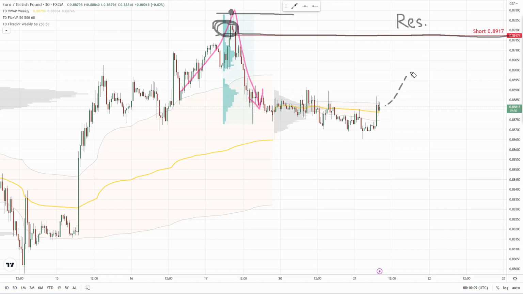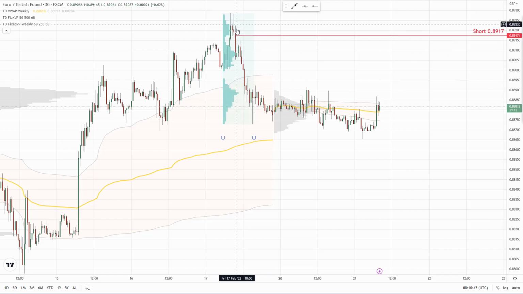When there's a pullback, I expect a reaction to this resistance, and I expect those sellers from here to become active and push the price actively downwards from this place to defend this zone, which is clearly important for them. They won't be defending this zone because this is only where the price turned. They'll be defending this zone where they placed their shorts.